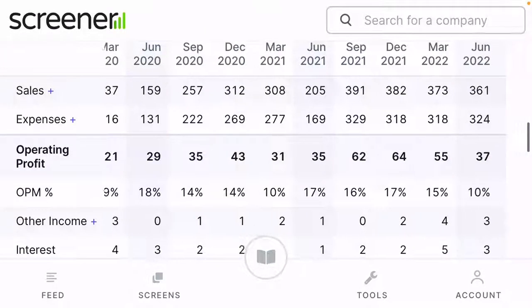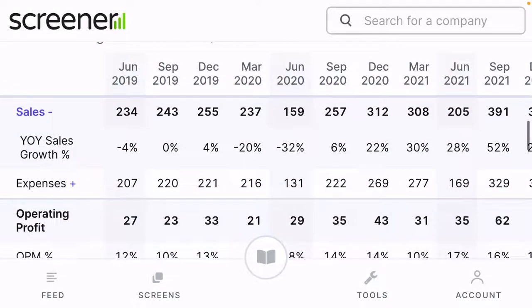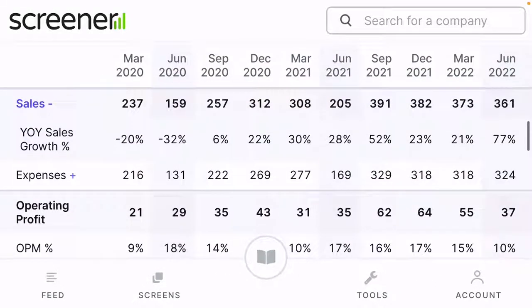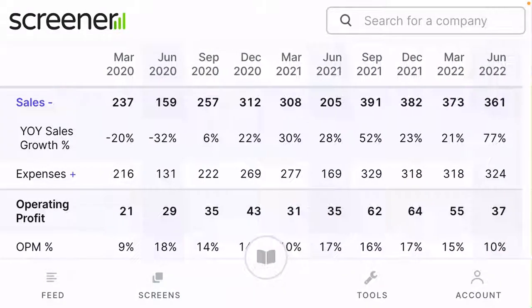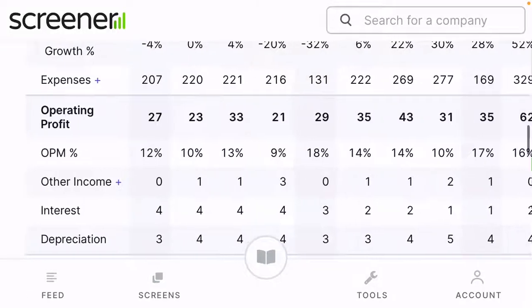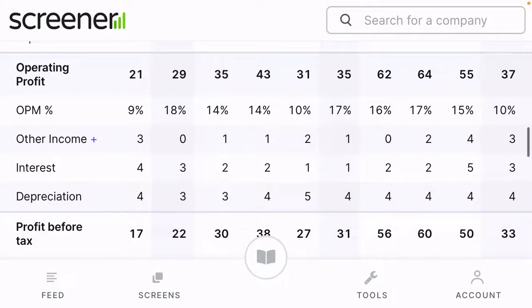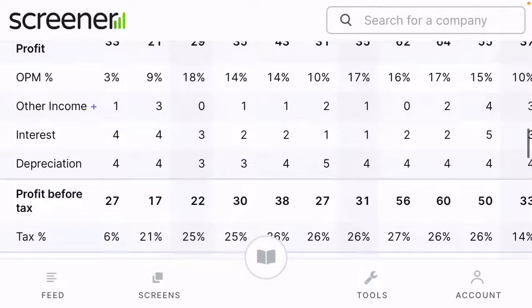Okay, what are the sales? If you see the company's quarterly sales in 2019 were 234 crore, and now they have increased to 361 crore. There is good exponential growth in sales. Operating margin the company has maintained consistently at 12%, 10%, 14%. Now it has increased to 16%, which is a good sign. Other income has also improved.